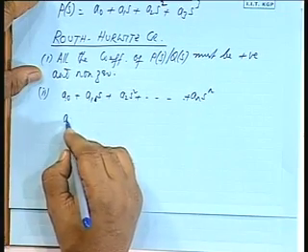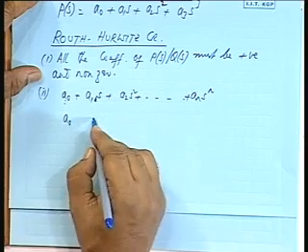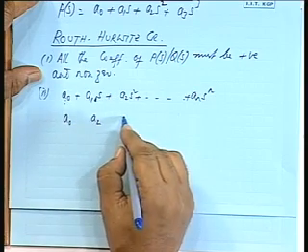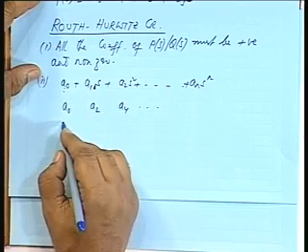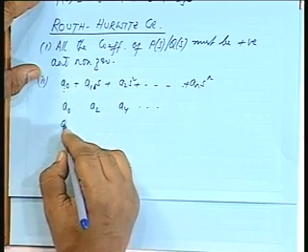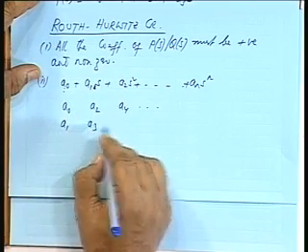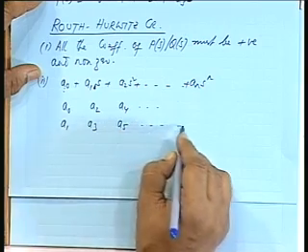You start with the coefficients a0, a2, a4 and so on. Then next make the next row with a1, a3, a5 and so on.